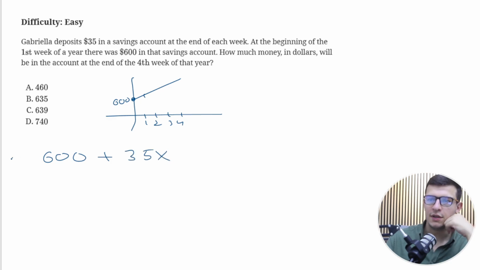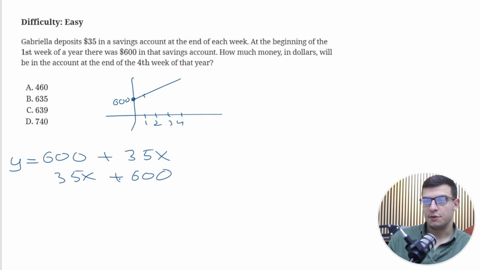So you can bring it into an equation, y equals 600 plus 35x, or if you like it in terms of mx plus b, you can write it as 35x plus 600, where 600 is the initial amount and x represents weeks.